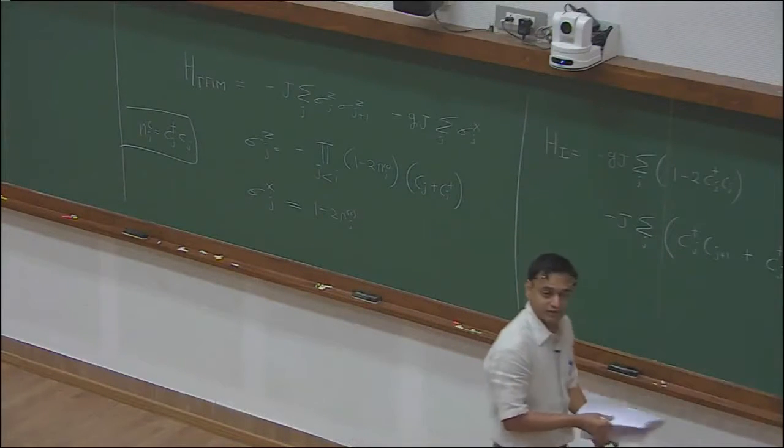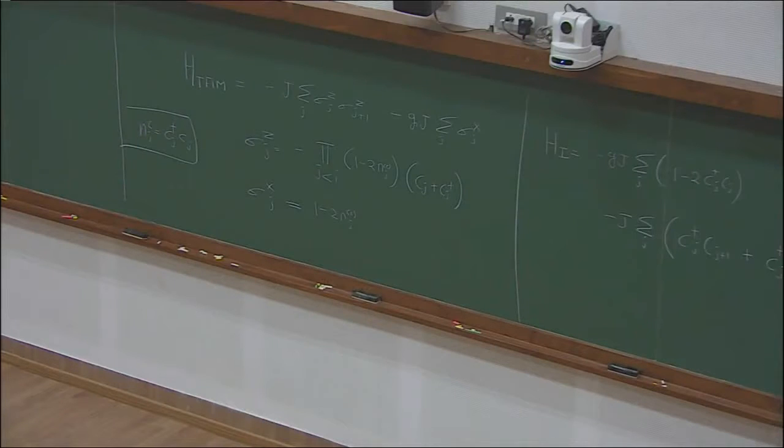And what do we know how to work with in terms of fermions? If I give you a free Hamiltonian, which I write as a sum over some mu of epsilon tilde mu f dagger mu f mu, for some fermions.